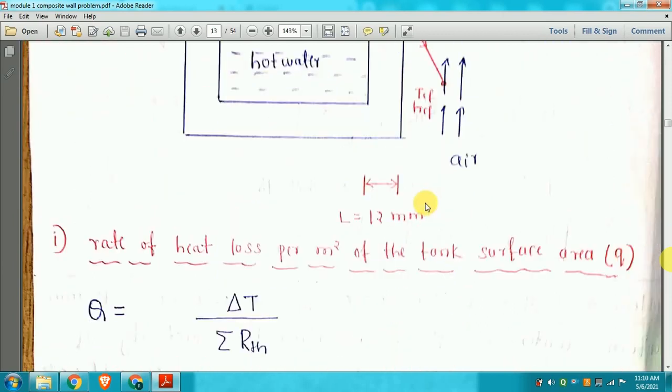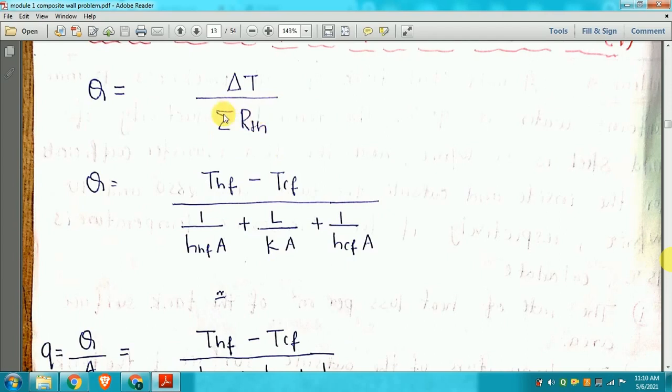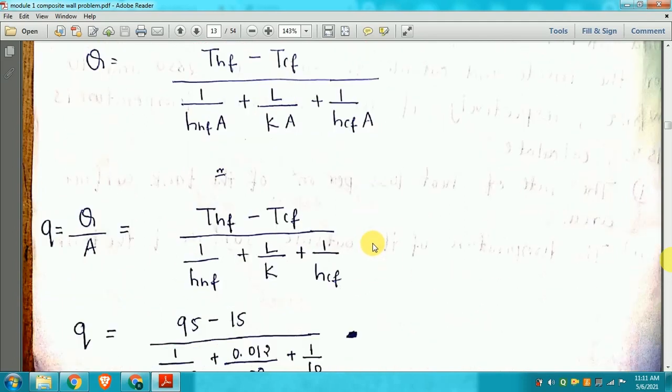So based on this, the summation of RTH for overall is 1 upon HA, where the H value is HHF, the hot fluid heat transfer coefficient, and A is the area, plus L by KA, this is the conduction resistance, plus the outside convection resistance, 1 upon HCF A. You can take the area term out as common.